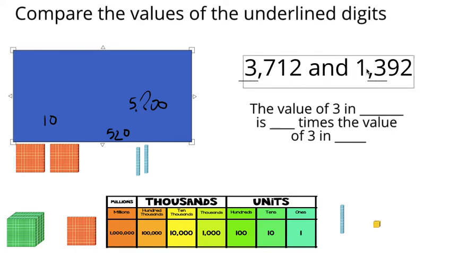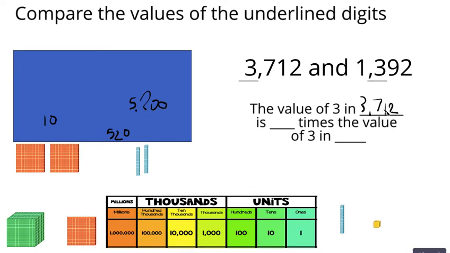3,712 and 1,392. So the value of the 3 in 3,712 is how many times the value of the 3 in 1,392. Well, we want to look and see, well, what place value are these 3 digits in?